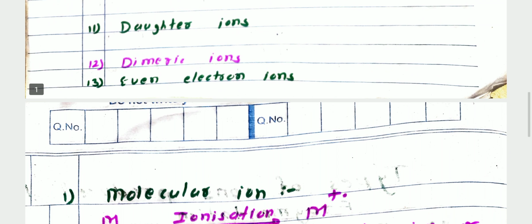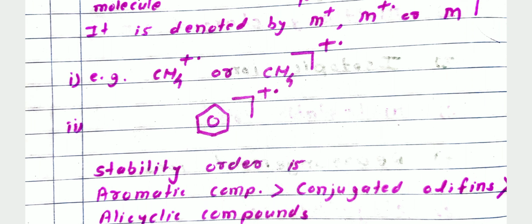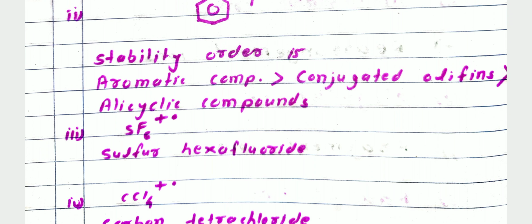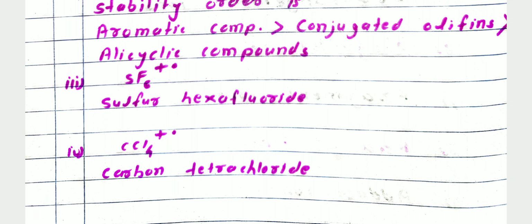The unpaired electron is shown as a dot alongside the charge symbol as superscript, for example CH4 plus dot, SF6 plus dot, that is sulfur hexafluoride, or CCl4 plus dot, carbon tetrachloride. This is a radical ion.